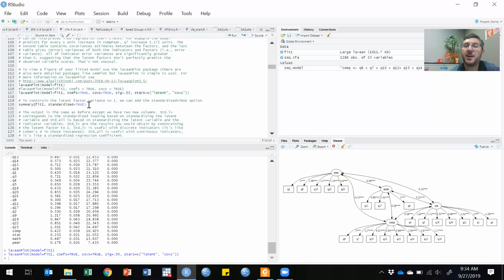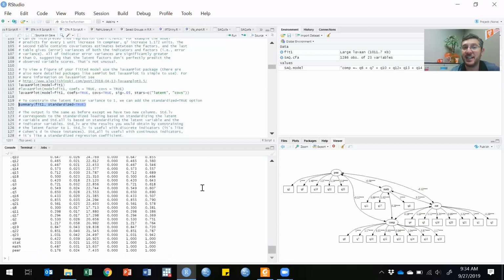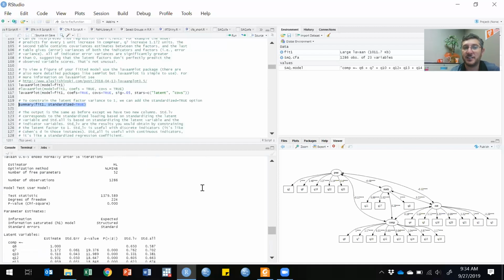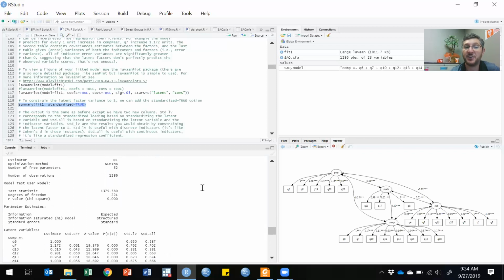Remember when we talked about there being two different ways to conceptualize the structural equation model: the marker method and then the standardized method. To get the standardized solution, you can just add standardized equals true to the summary command, and it's going to print both the unstandardized and standardized factor loadings.